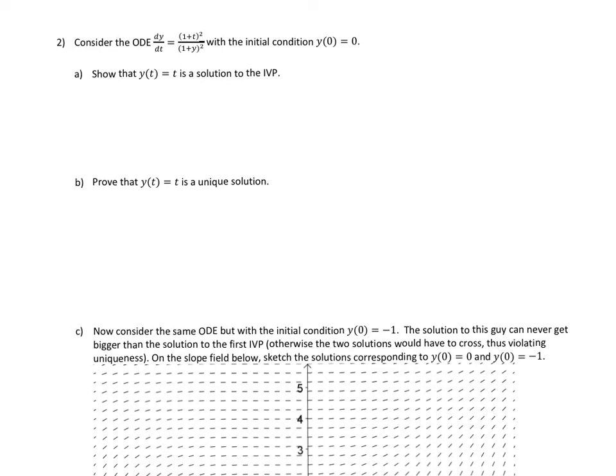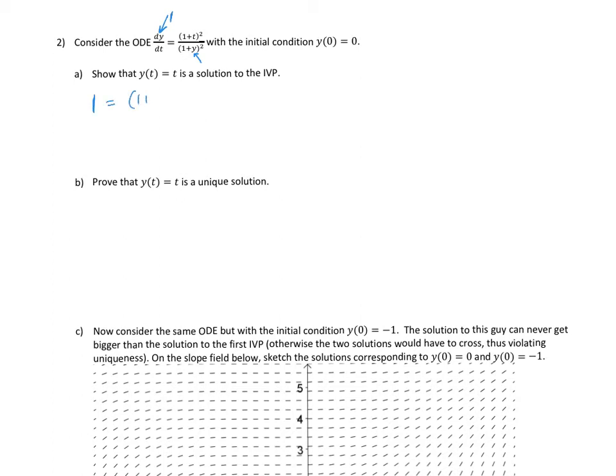Okay, so I need to just plug in for dy/dt and for y. So y(t) equals t, then dy/dt is 1. So I'm going to put a 1 in for dy/dt.